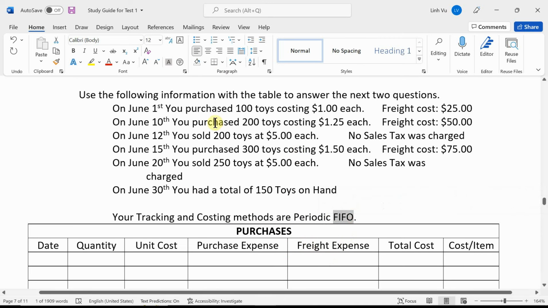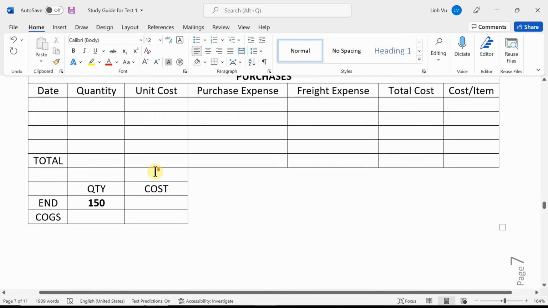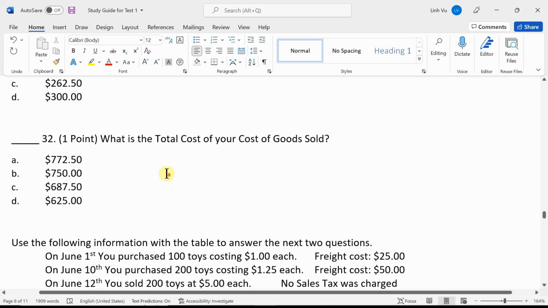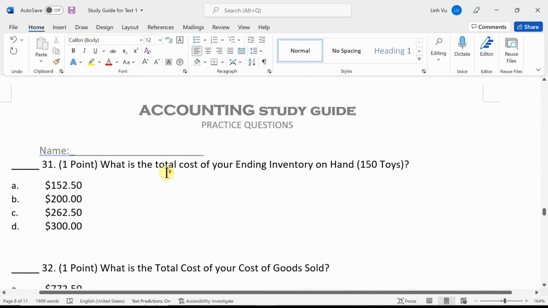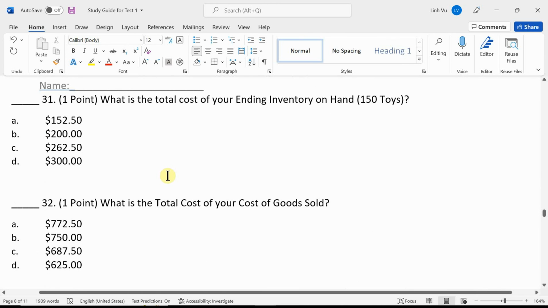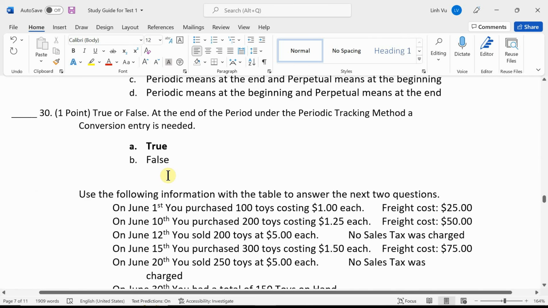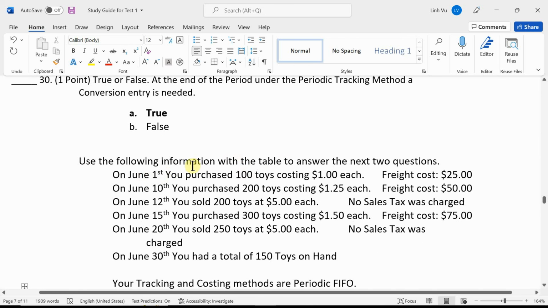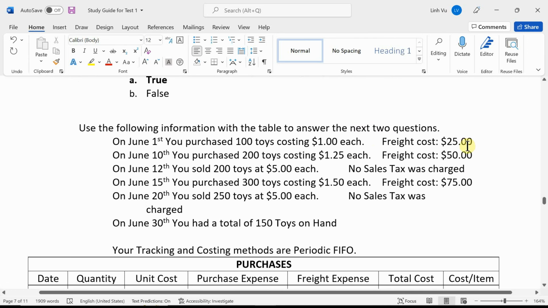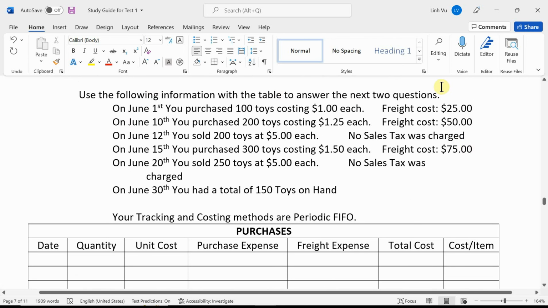Here are the questions you will be answering, for questions 31 and 32. Some of them will even say at the very top, use this table down below to answer the next two questions. So let's go through this example.